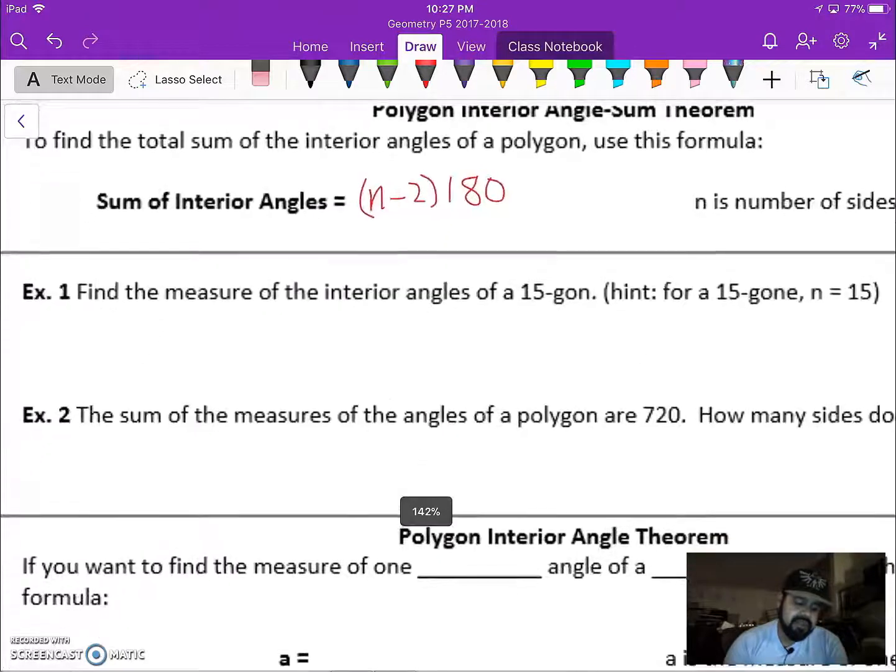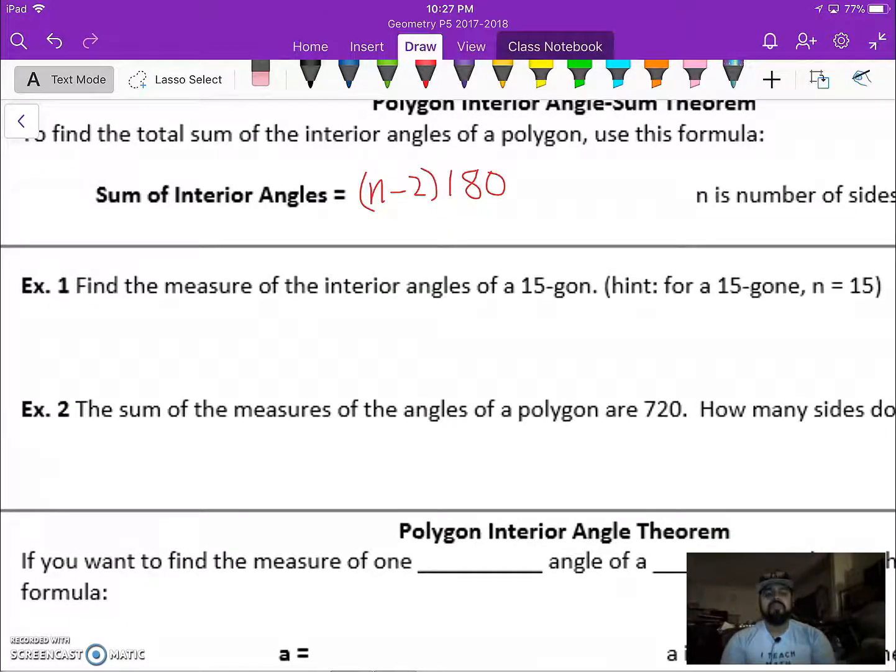So on example 1 right here, we want to find the measure of the interior angles of our 15-gon. So again, for a 15-gon, which, mind the typo, that means n equals 15. So start off with your formula. You know that (n minus 2) times 180 will give you the sum of the interior angles.